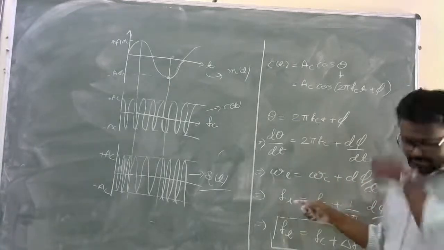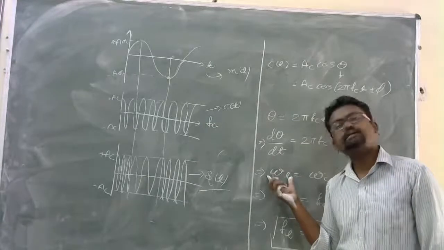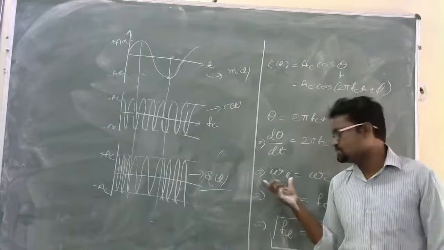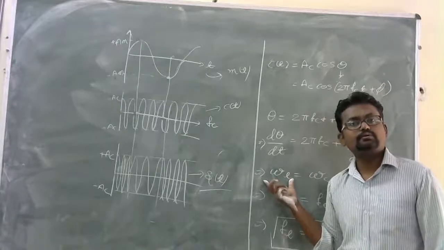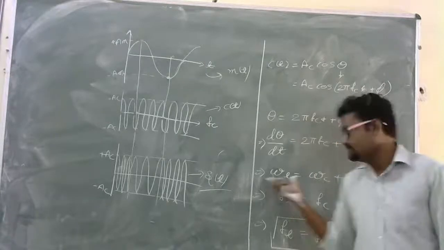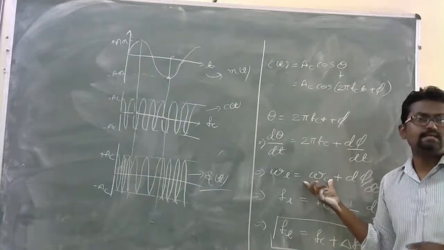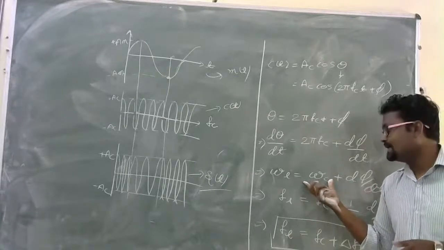Now I am representing this omega in terms of fi, and we know that omega equals 2 pi f. So this omega can be written as 2 pi into fi. Same as this, omega c can be represented as 2 pi fc.